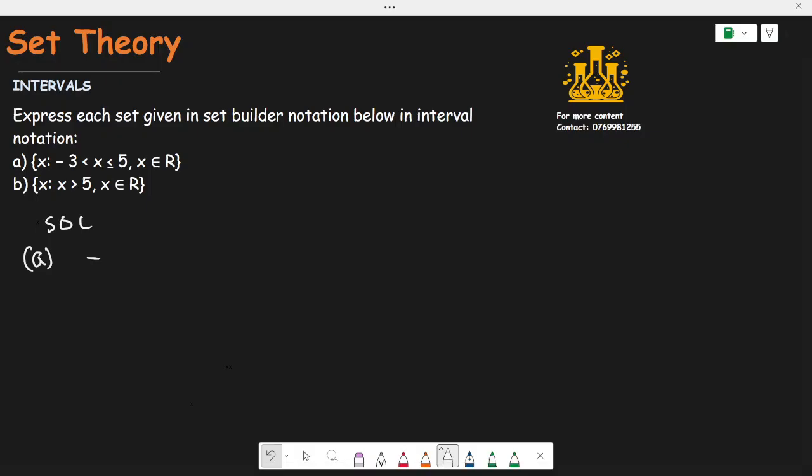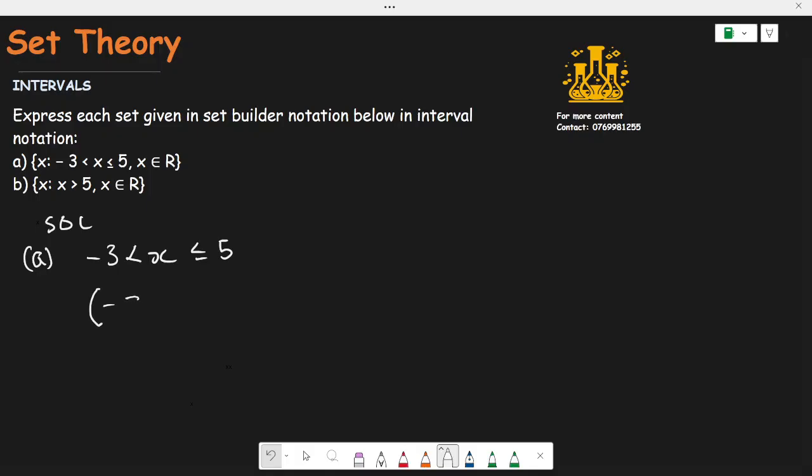So the limit is x is greater than 3, but x is less than or equal to 5. So from the limit, that is where we are going to get the interval notation. So we know that since this side we just have a greater than, the type of bracket that we're going to use is this one.